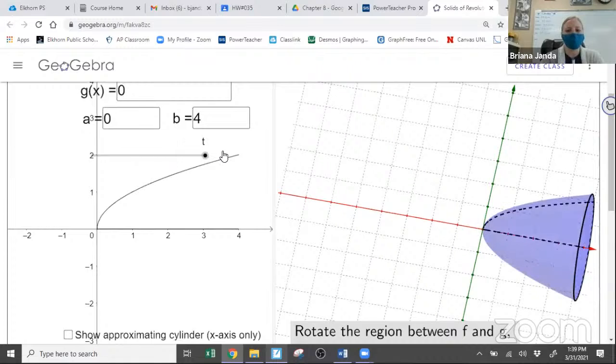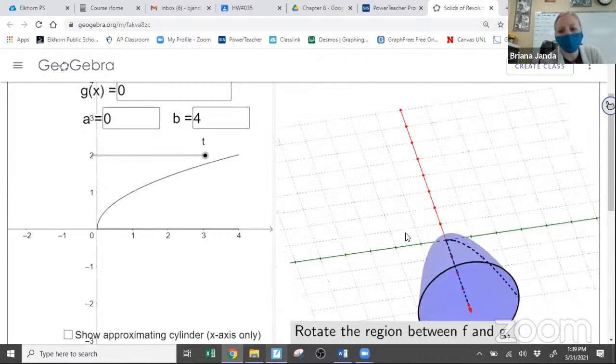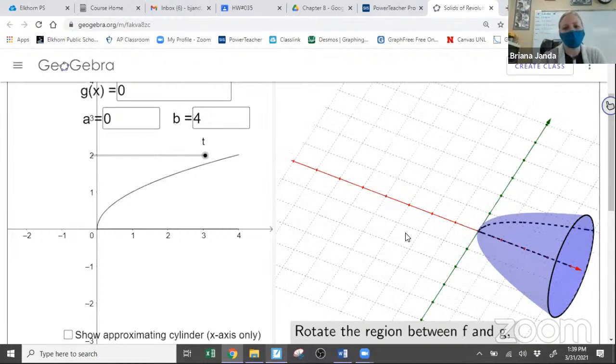You can kind of see that three-dimensional shape happening, and that looks kind of like a bell. It didn't help much because I was throwing it all over the screen there, but you can kind of see what's happening. Now, we actually don't really need to understand or know that shape.